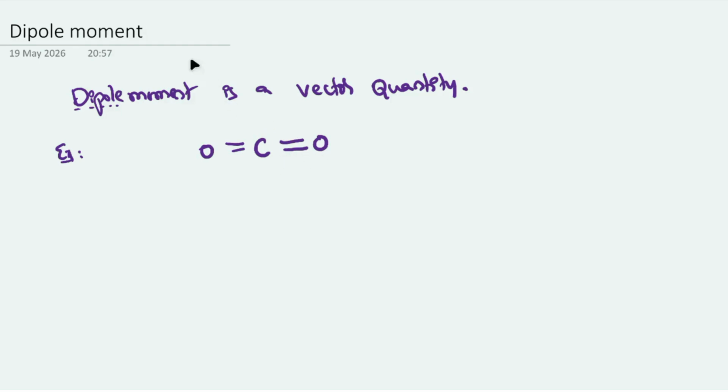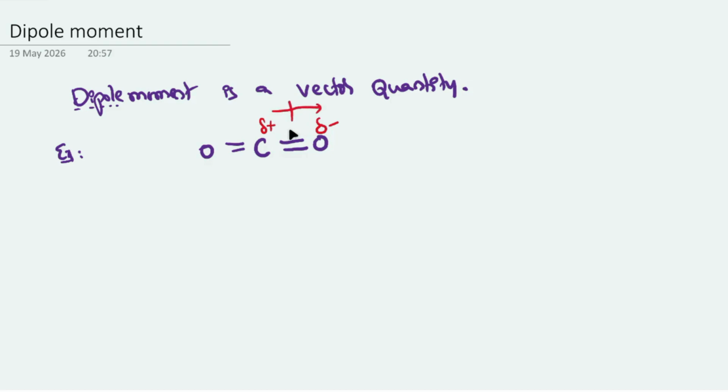In that bond, due to more electronegativity of oxygen, it has partial negative and carbon has partial positive. Then between carbon and oxygen, the bond is polarized towards this side.